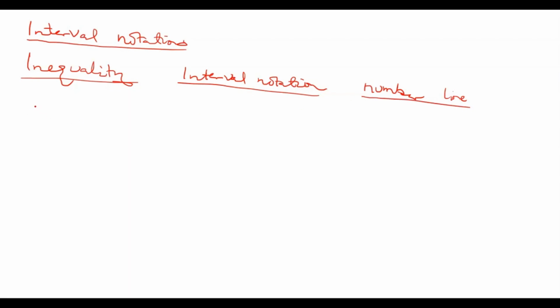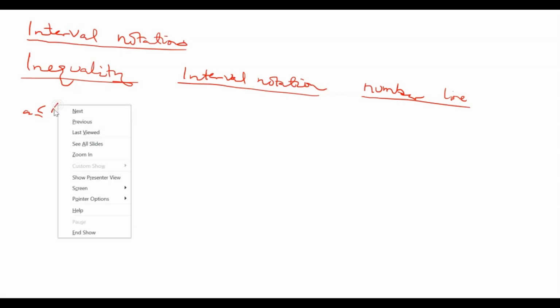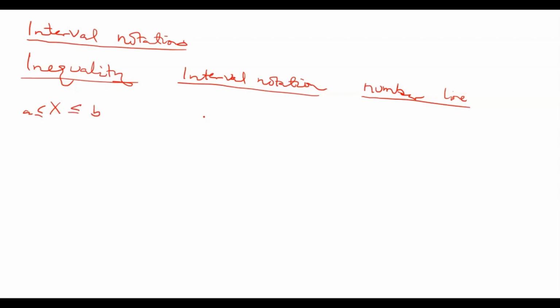Let's say x is in between a and b. That's my inequality, so we can use an interval. This is how we could also write it, with square brackets if included.